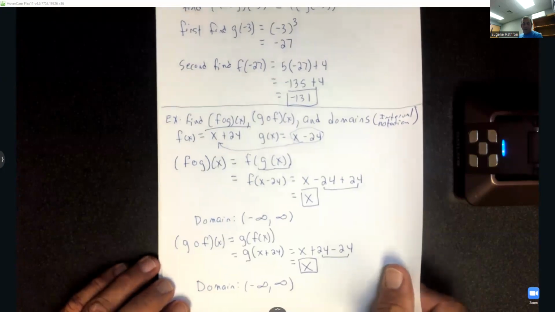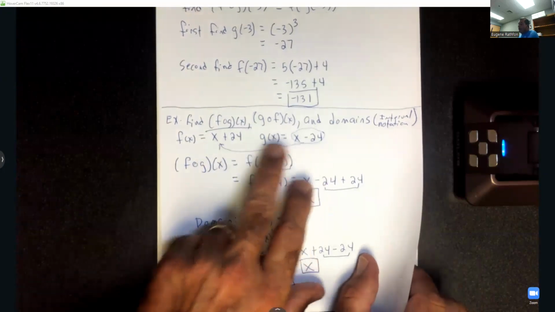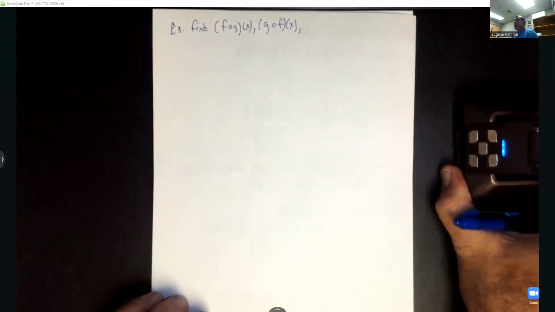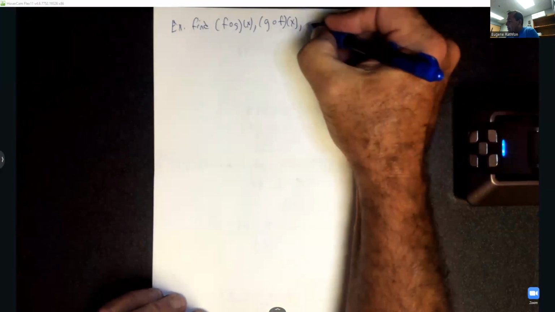All right, y'all, let's turn over. And now the next one won't be quite like this one. So let's see. All right, I'm going to do the same thing. I'm going to find f composed g of x, g composed f of x, and the domains.